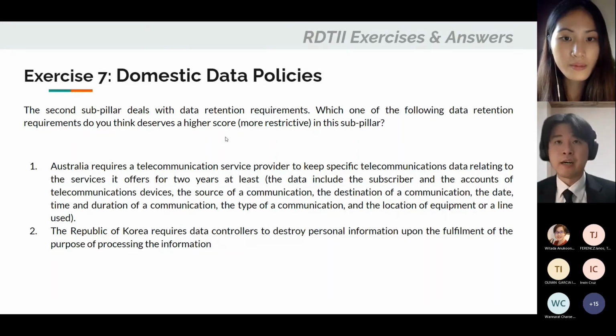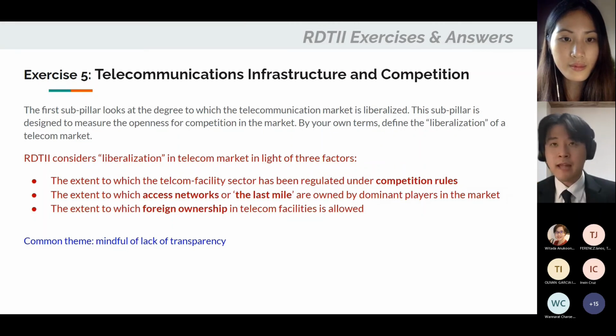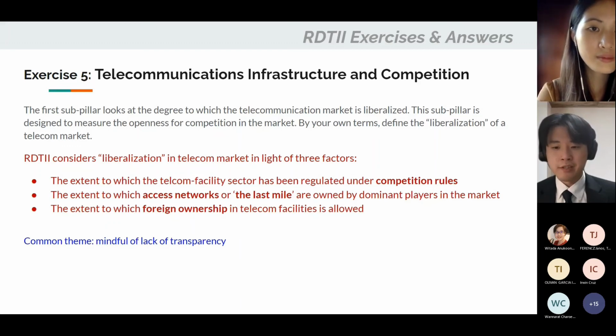If we look at Exercise 5, the second factor is about access network or the last mile. We call it last mile because it is the last part of the telecom network that goes to the end users. The reason why we care about this is because it is the very part that allows telecom service providers to provide their services to end users.